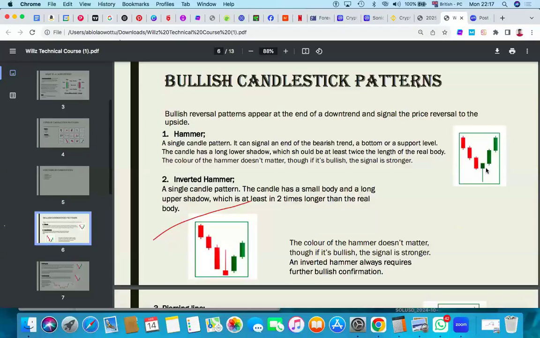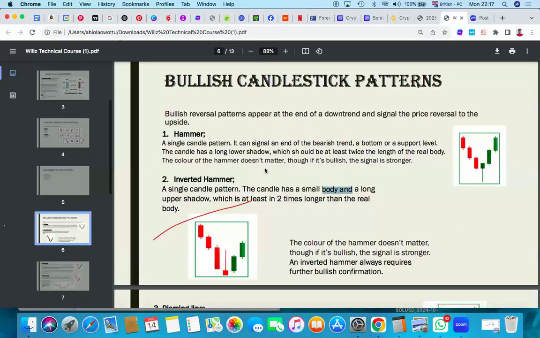If you see it after a bearish move, it's indicating a very solid upward move. In fact, from the definition, it's a single candle pattern that can signal an end of a bearish trend, a bottom or a support level. The candle has a long lower shadow, which should be at least twice the length of the real body.